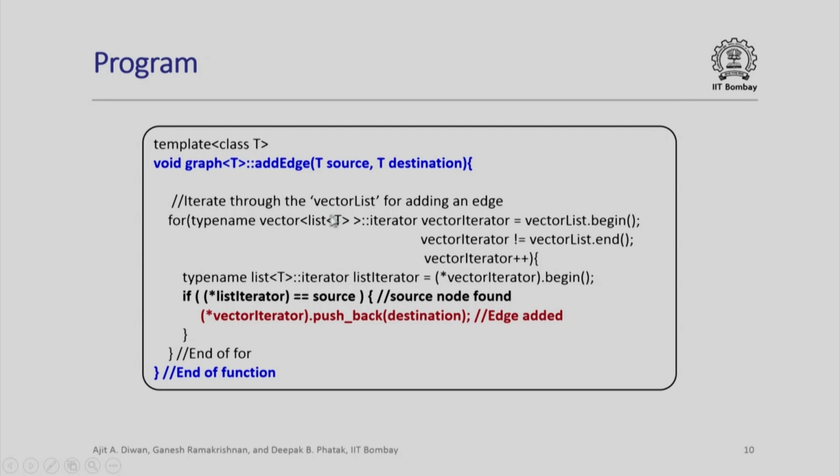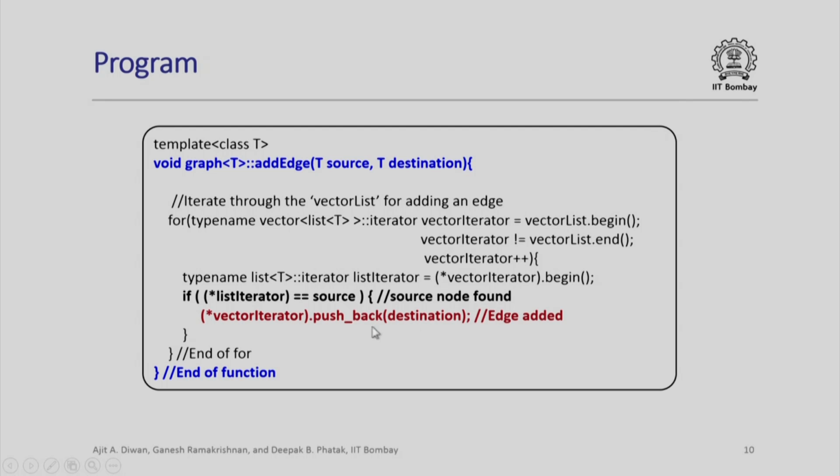What we have to do is iterate through the vector list to find out where exactly the T source is. So, notice the same iteration is put here, and all that we do is set iterator equal to vector iterator dot begin initially. Now, if the list iterator is equal to source, that means we have found the source node. At this point, we will say pushback destination.